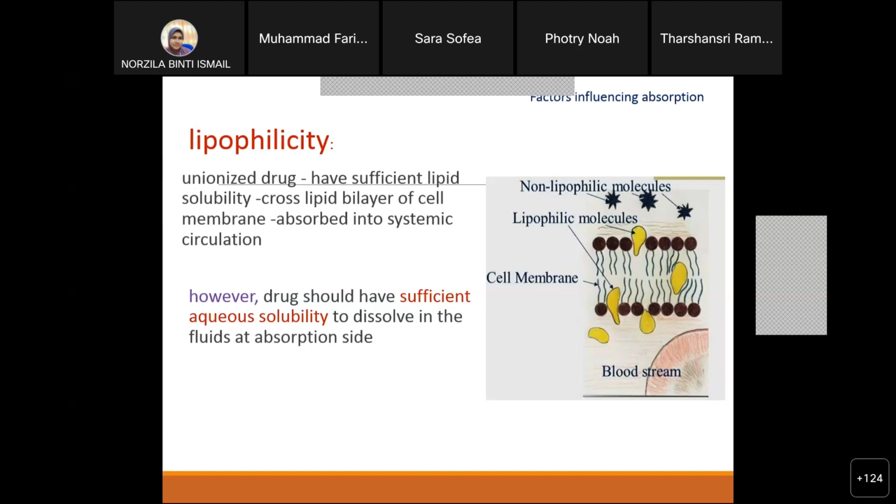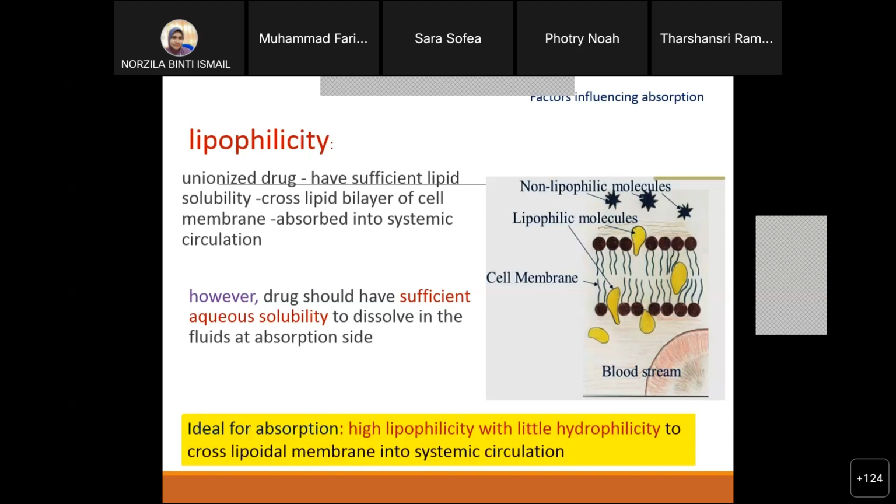Especially the transdermal patch, okay, topical, apa lagi? Even the oral preparation, yeah? Okay, any questions so far? So ideal for absorption, high lipophilicity with little hydrophilicity to cross the lipoidal membrane into systemic circulation.